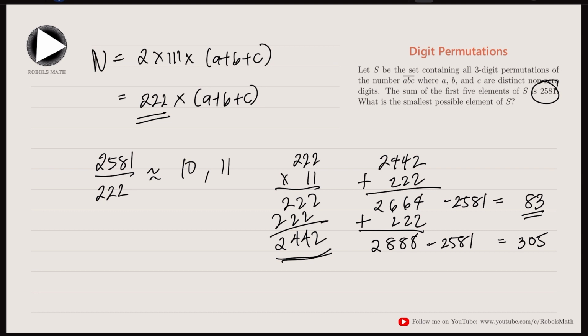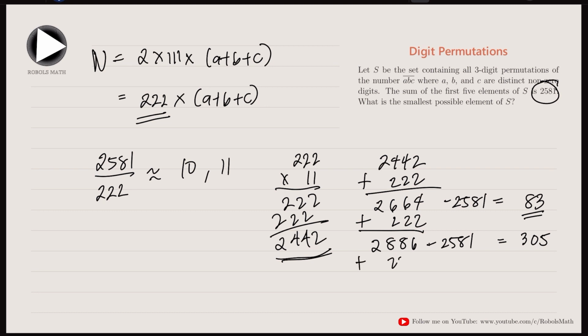Sorry, we get 307. What? My arithmetic is not doing well. This should be 6. We get here 2886 minus 2581. We get 305. So this is still not what we want.